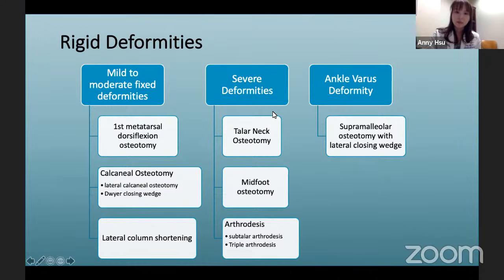So for severe deformities, other things to think about: for post-traumatic cavovarus deformities, the axis of rotation is really from talar malunion, and you can argue that the strongest and the most effective correction is at the site of deformity. So a talar neck osteotomy can correct the deformities caused by very severe talar malunion.